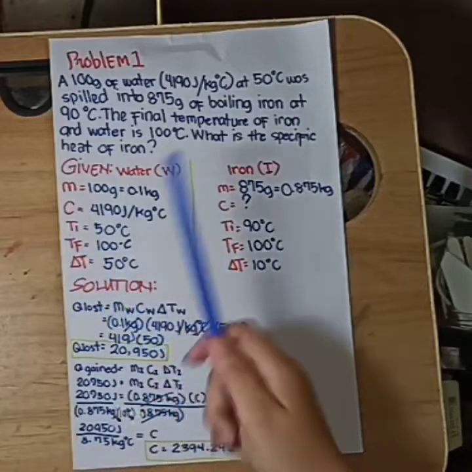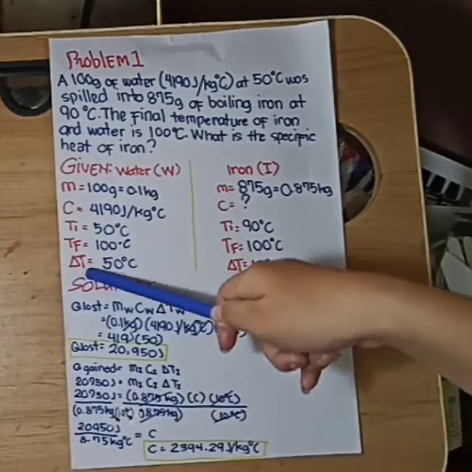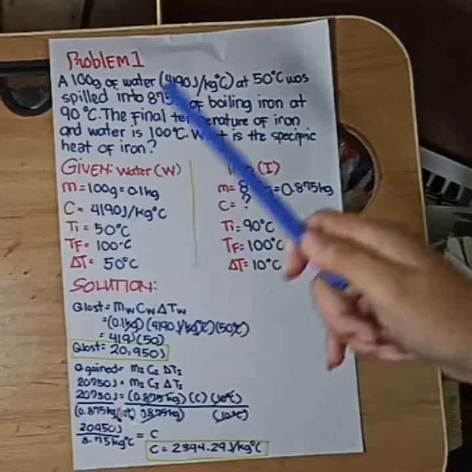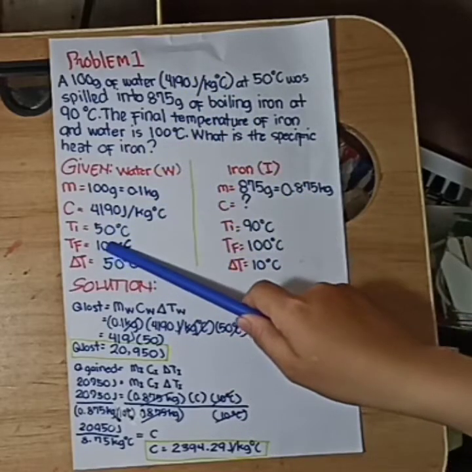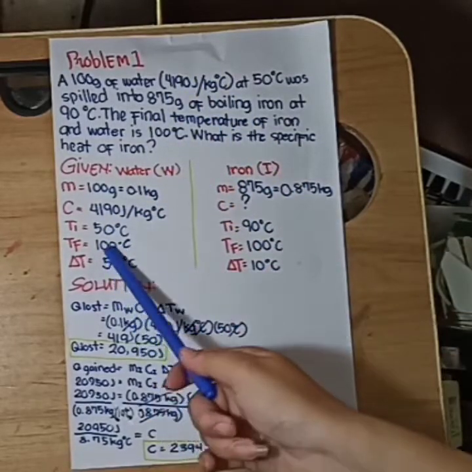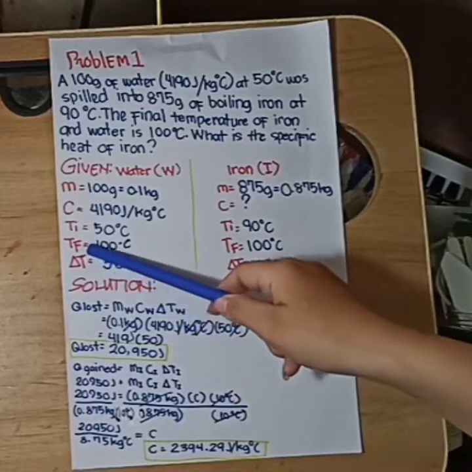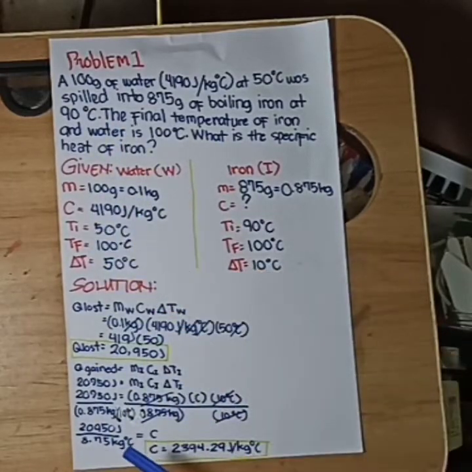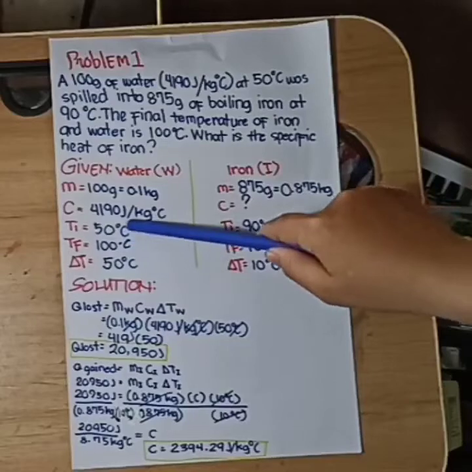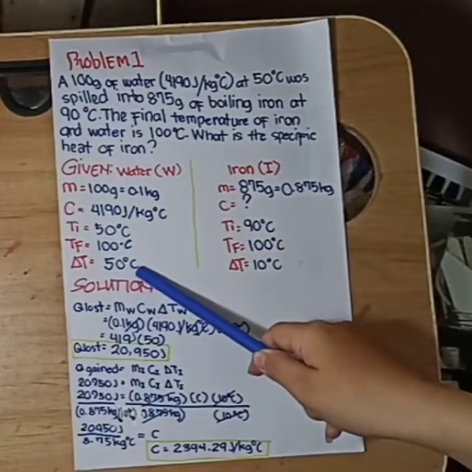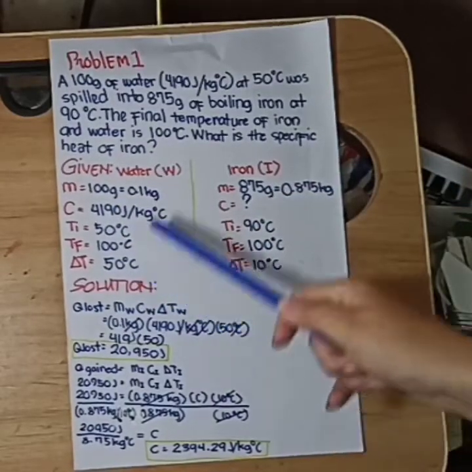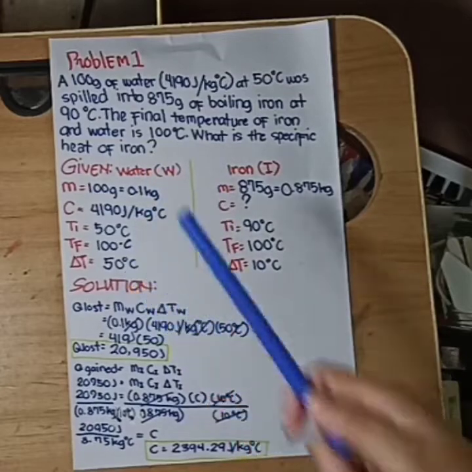To get the change in temperature, we subtract the final temperature minus the initial temperature. So 100 degrees minus 50 is equal to 50 degrees Celsius.